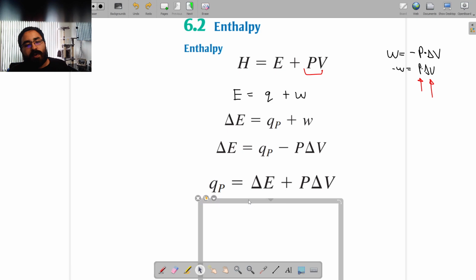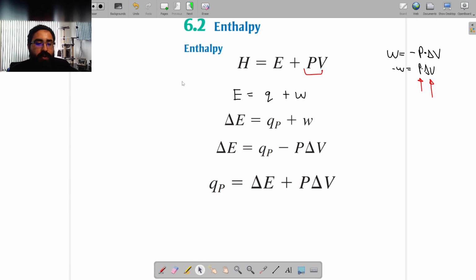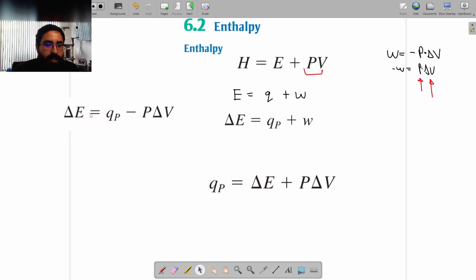Let's rearrange that formula so that our Q is on the right side. If you wonder how I got there, imagine subtracting Q_P from both sides. So now you have negative Q_P plus delta E is equal to negative P times delta V.